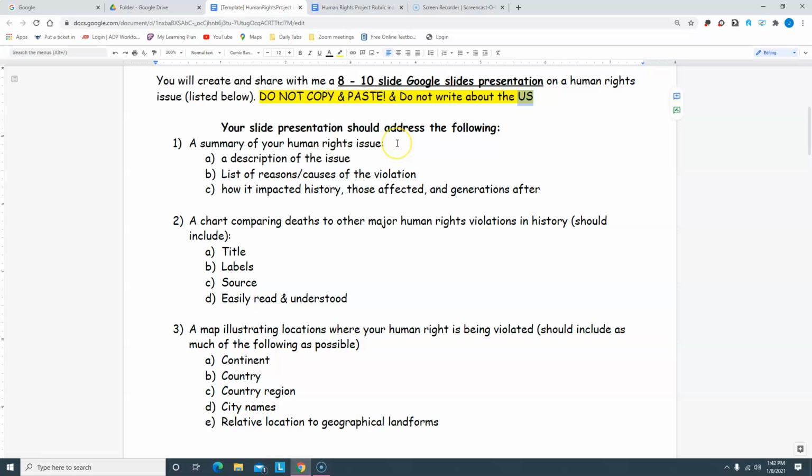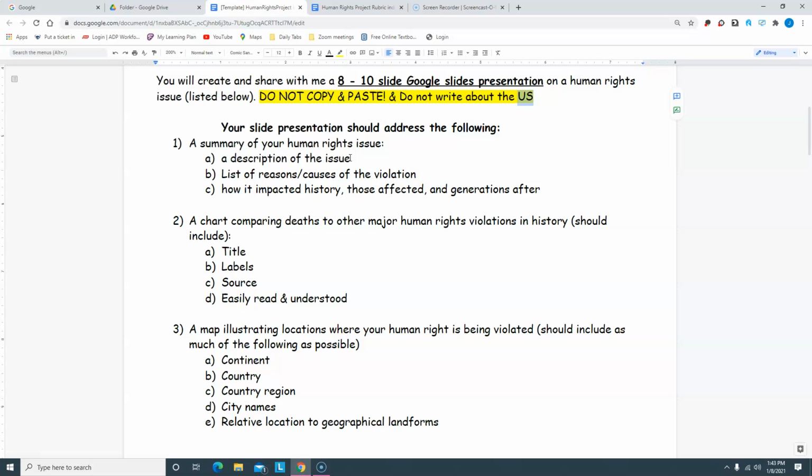Your slide presentation should address the following. 1. A summary of your human rights issue. A summary should include a description of the issue. Tell me what happened. Tell me why it happened. Tell me what happened after something happened.